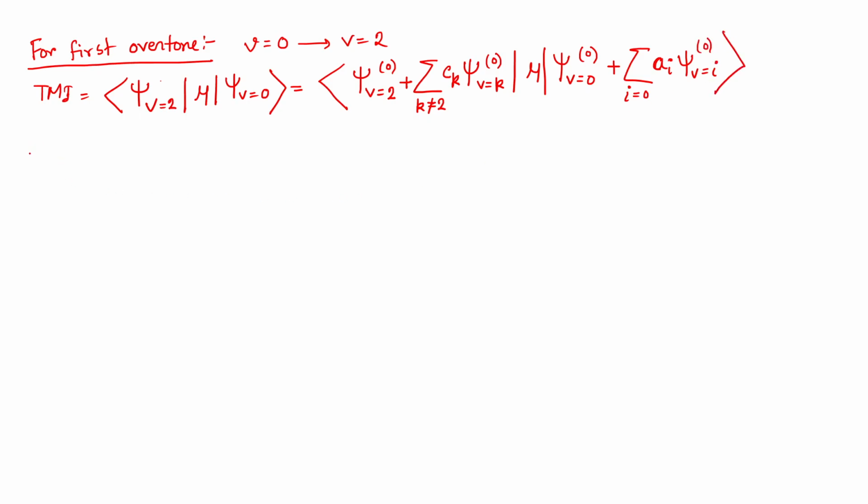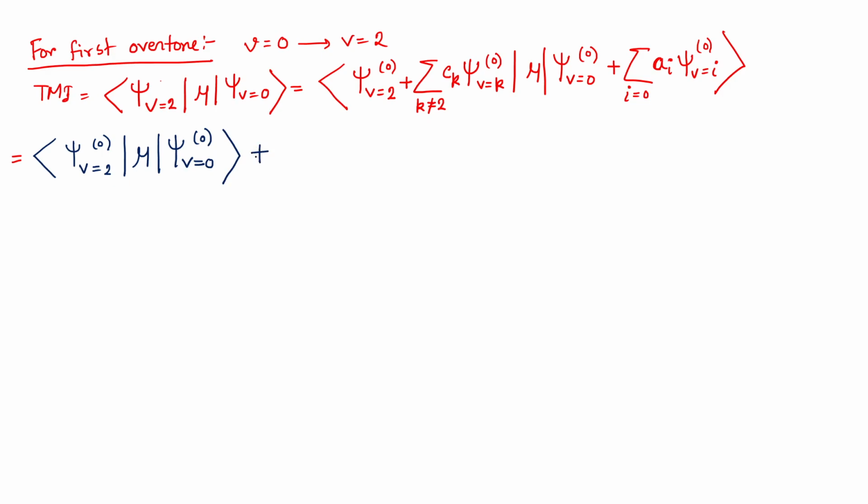So from here also you are going to get 4 terms. I will write them one by one. The first term is between psi v equals 0 and psi v equals 2.